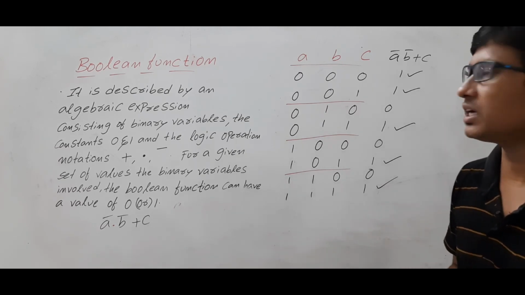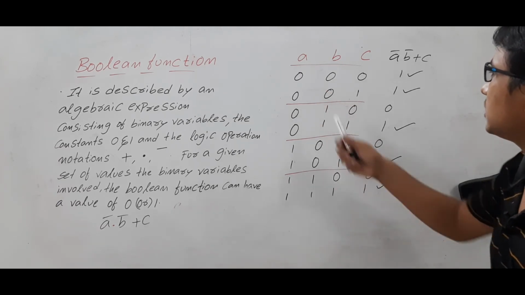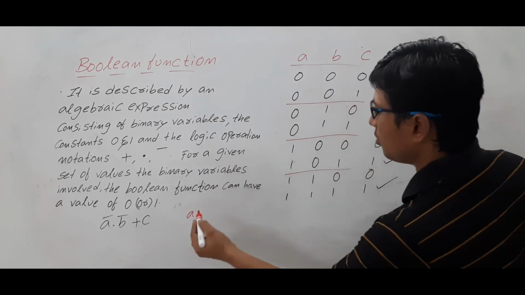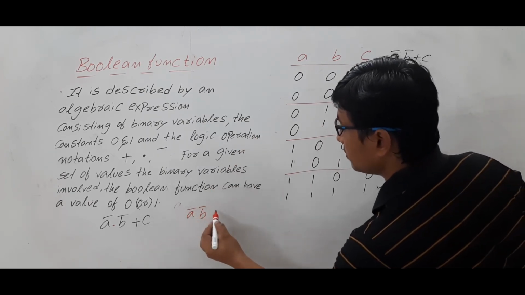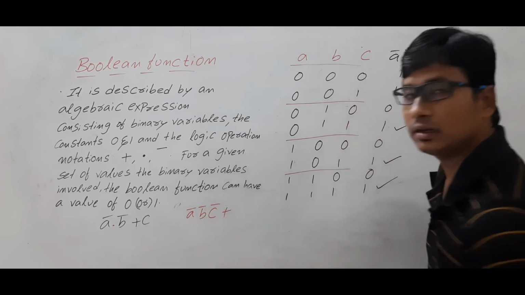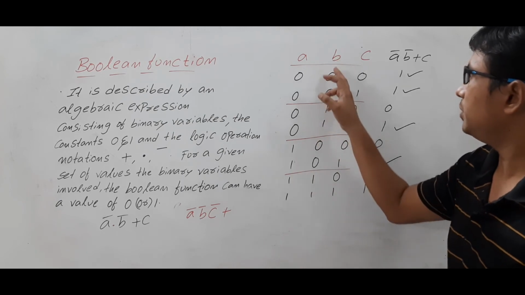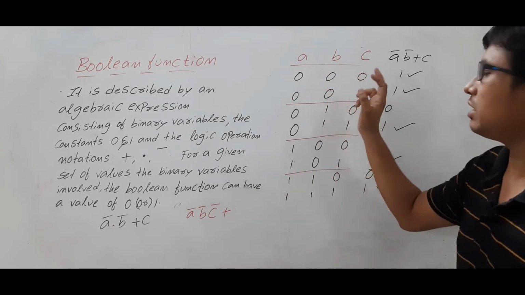To make you understand, I will discuss how you can represent in the canonical forms. This will be a complement, b complement, c complement. Are you able to understand? Because a value you got 0, b value you got 0, c value you got 0.